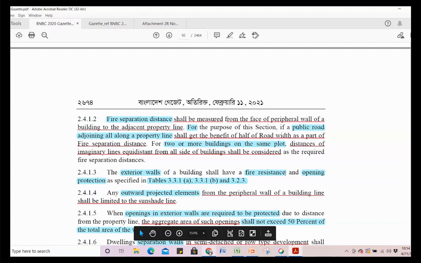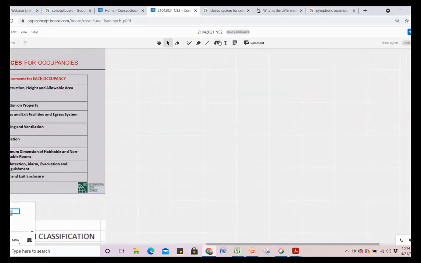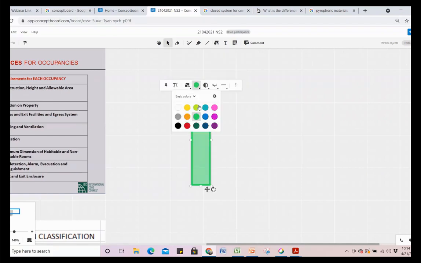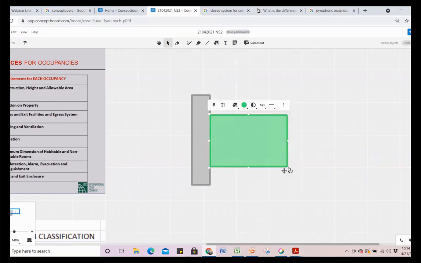Let me share a drawing platform with you. Say for example that here is a road somewhere and there is a building plot here.